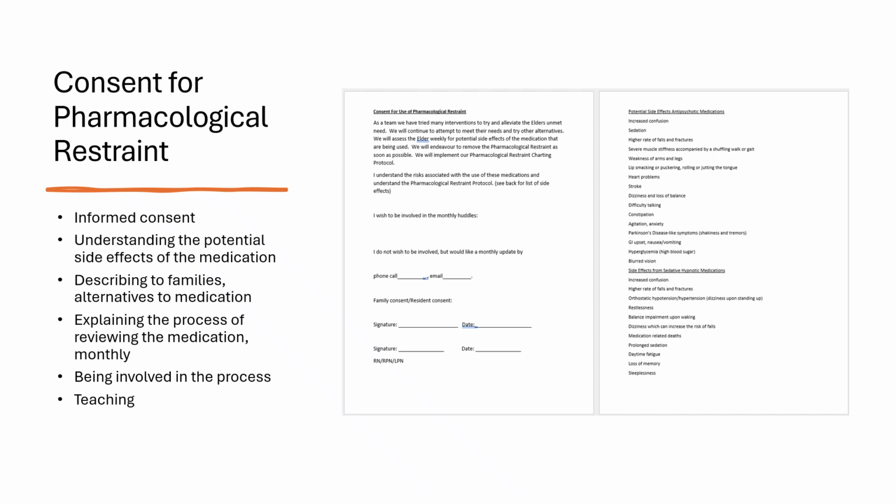We will be describing to families what the alternatives to medication are: environmental, physical, emotional, all of the potential things that could help someone if they are having altered responses. What will that look like? Explaining the process of reviewing the medication. This will happen monthly, and we would really like them to be involved in the process. It really involves teaching both the staff and families.